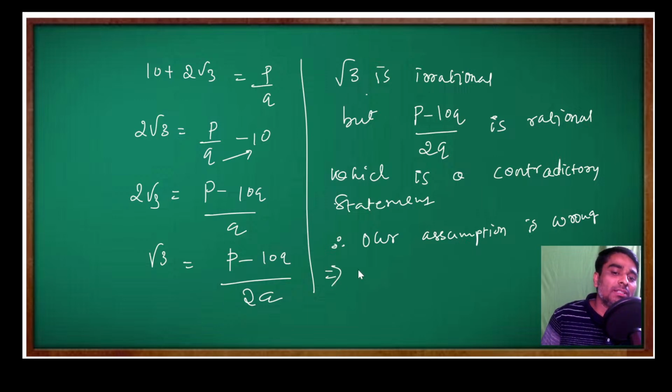That implies 10 plus 2 root 3 must be irrational.